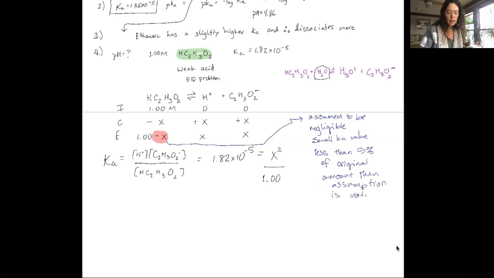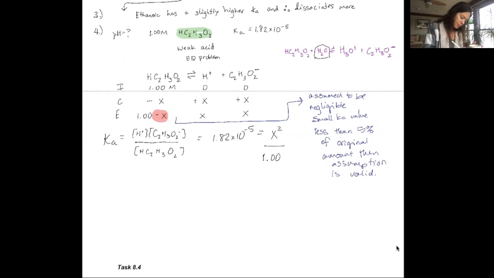It will always be valid. That's how you prove it. Otherwise, we're left with quadratic equations and such, and we're not going there. You will not be expected to go there.